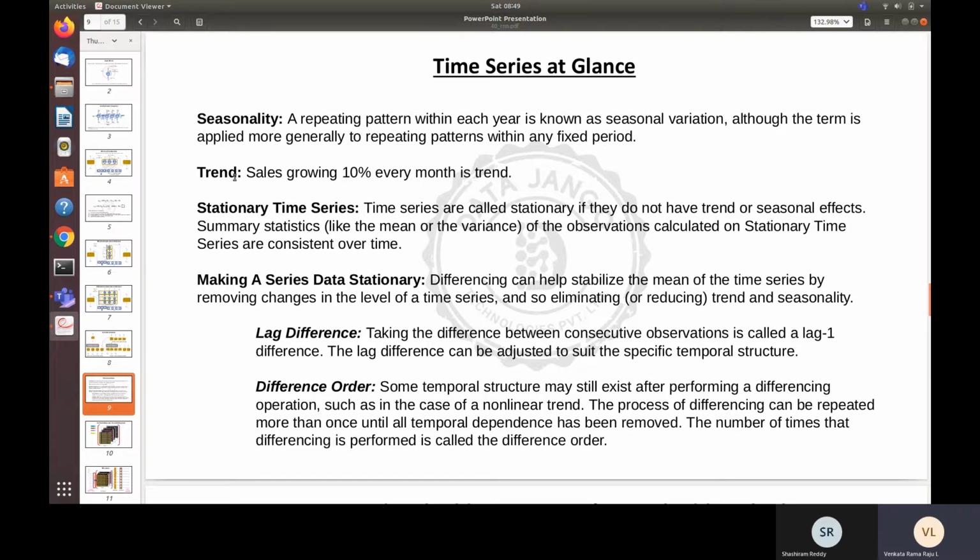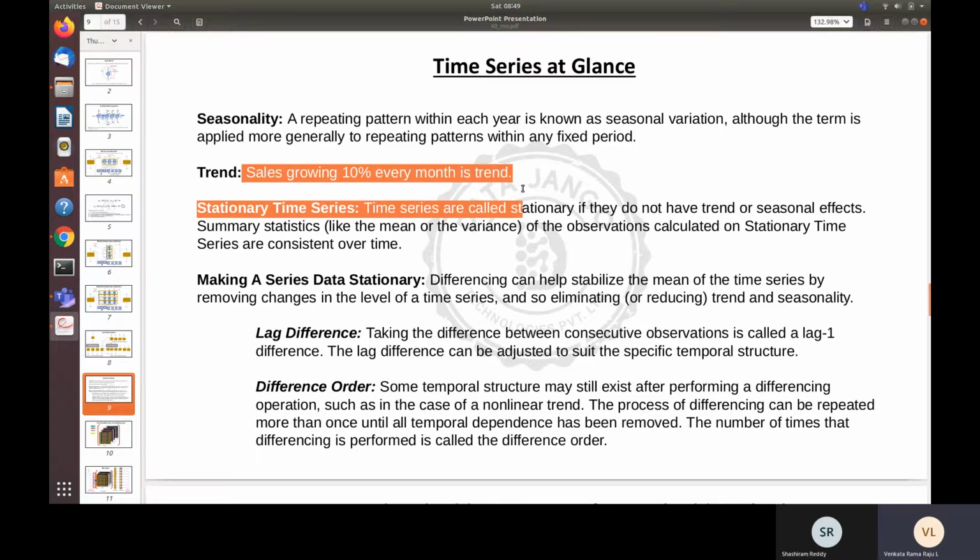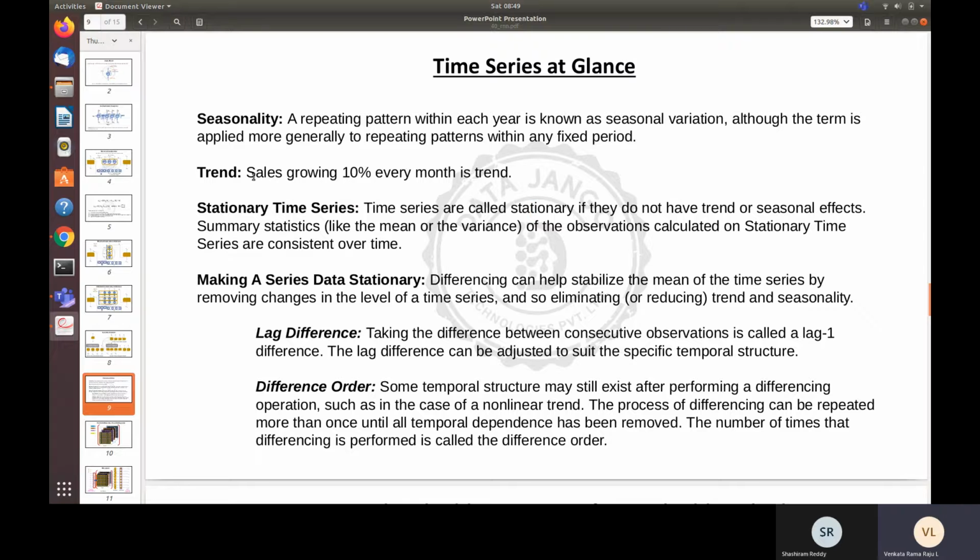So that is a kind of seasonality. And trend, sales growth of 10% every month, is trend. How the pattern is changing every month, how the growing or falling effect of whatever business scenario we are trying to understand.